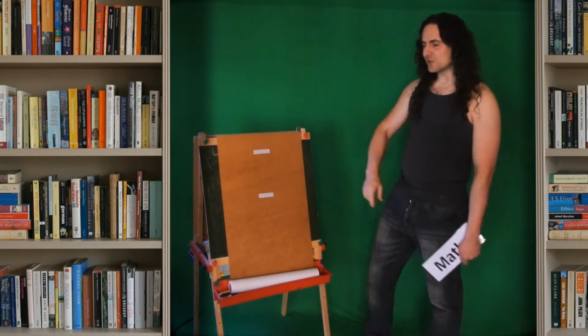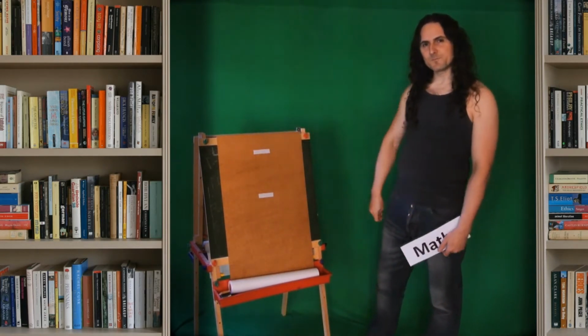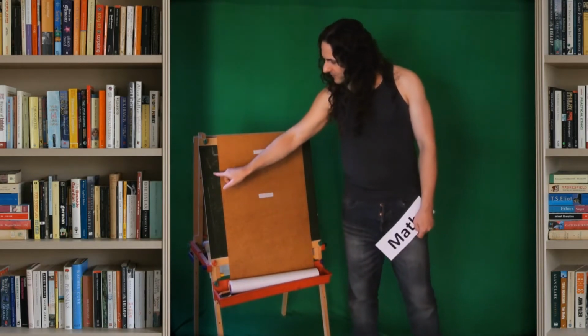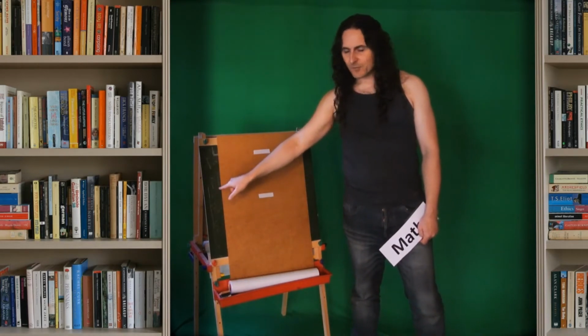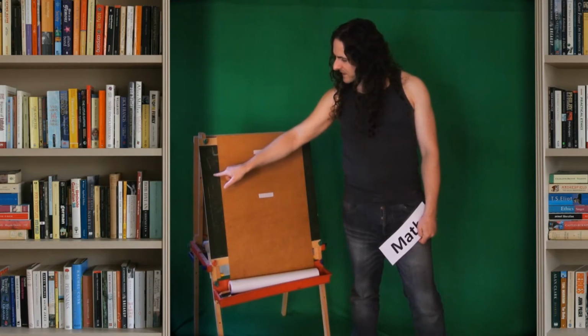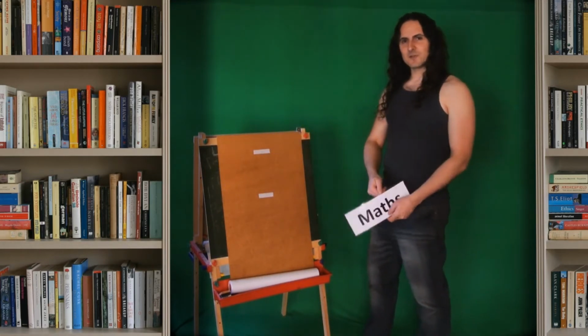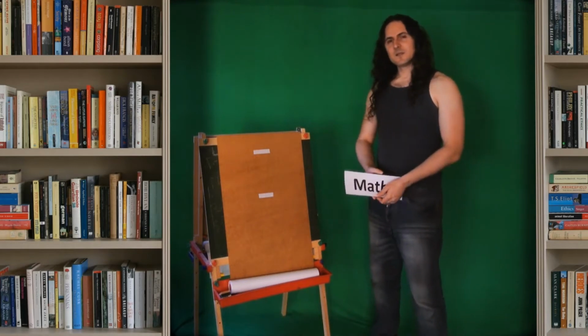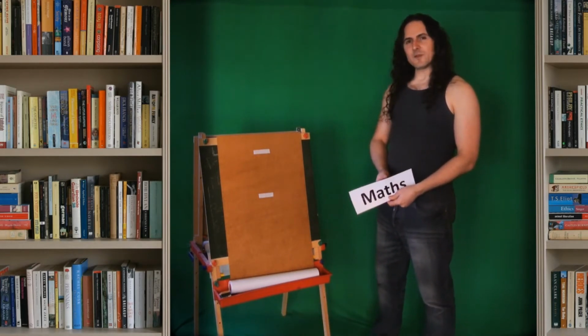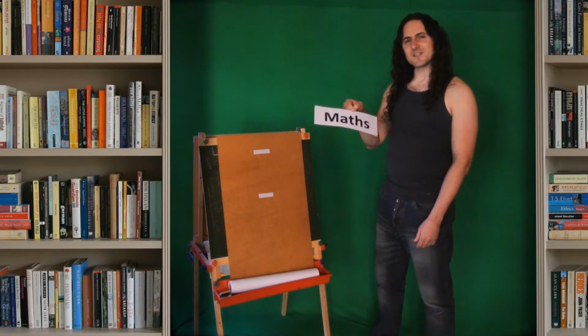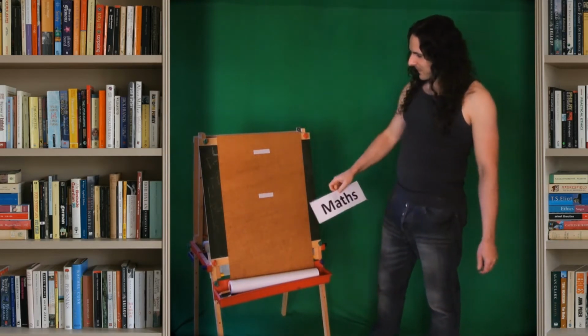You may ask, why not just write this information on the board? Well, there is some information on the board here. You can just about see it, but it's not particularly clear. The chalk doesn't really stand out, it kind of blends in. So it's really important that this information is presented really clearly.